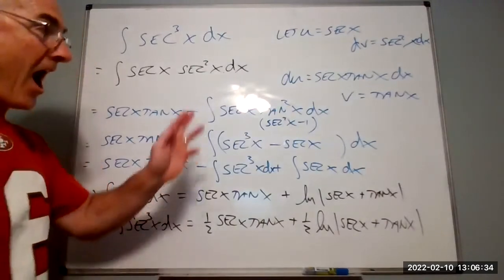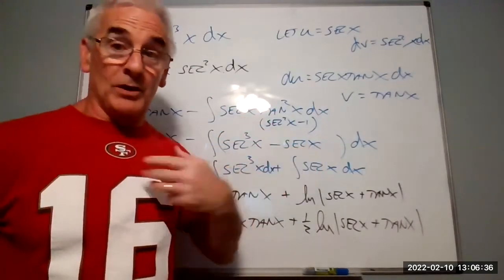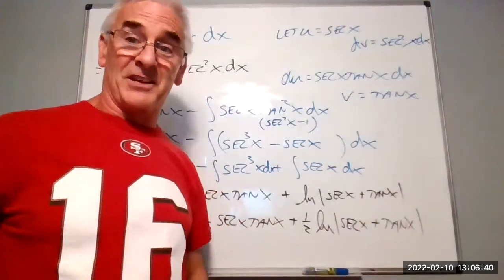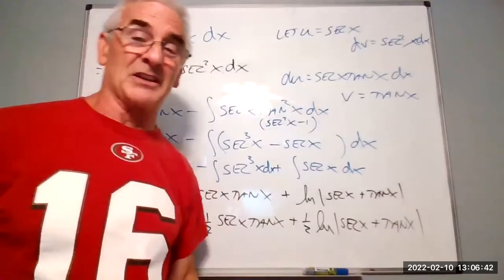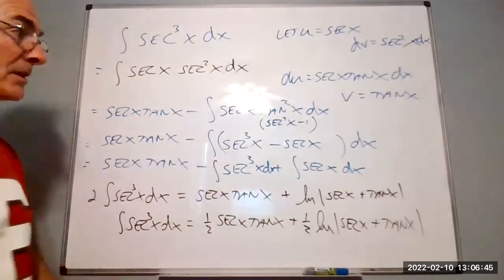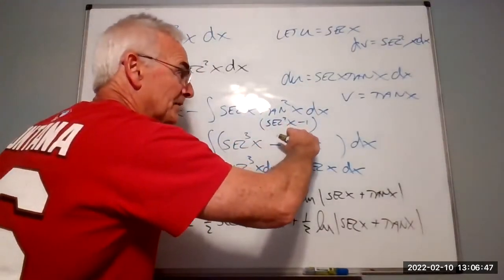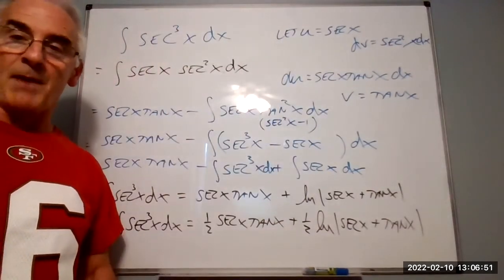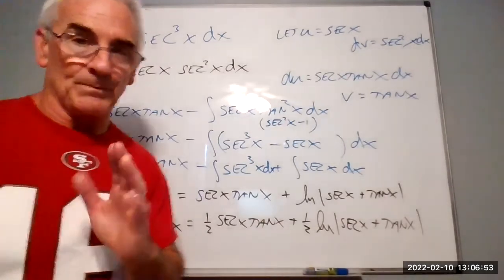And by the way, I directed you which way to go. A lot of us might have just trial and errored this one. No, that didn't work. Let me try this. No, that didn't work. Let me try this. So a lot of people would spend significantly longer on this one because if you didn't do this, you probably would have ended up going around in circles and undoing your work. So this problem, I kind of navigated you, okay?